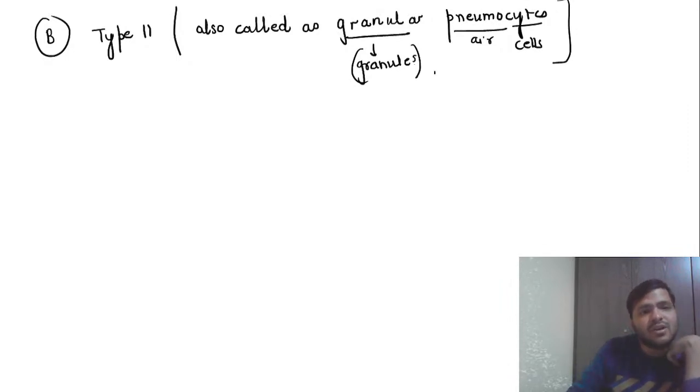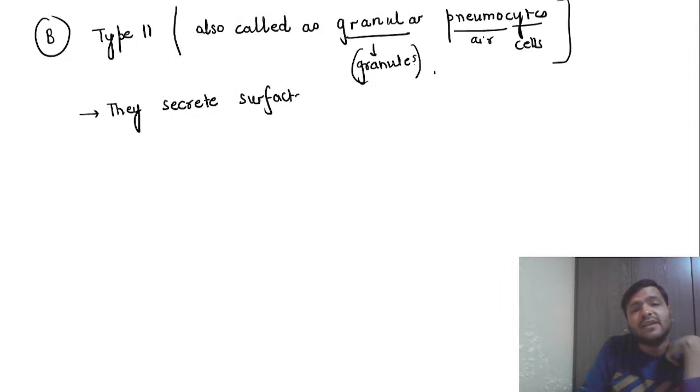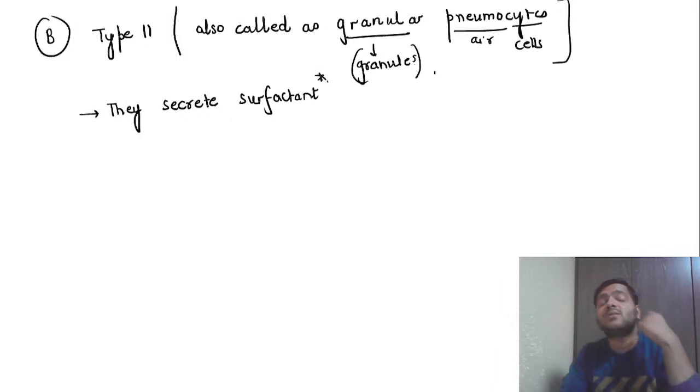Now, what is the function? They secrete surfactant. This was the latest question in the last FMG exam. They asked which cells of the lungs secrete the surfactant. Surfactant, in general physiology you might have done with me, is phosphatidylcholine or lecithin.